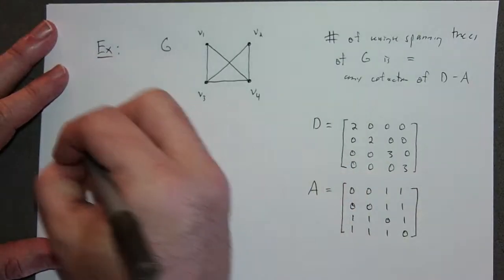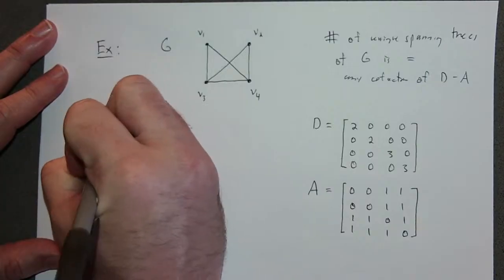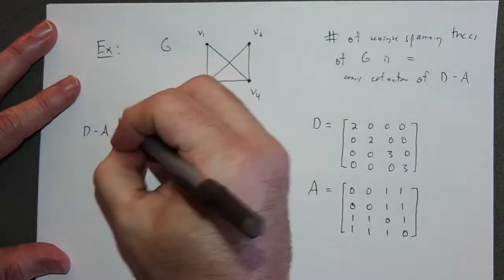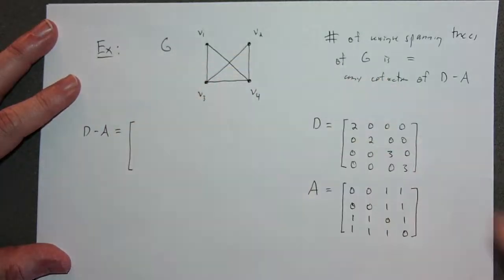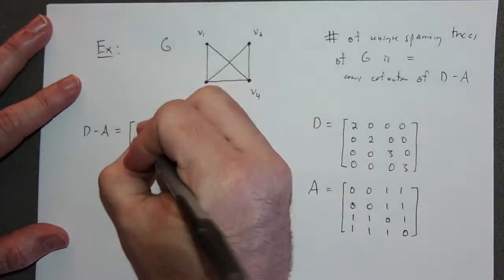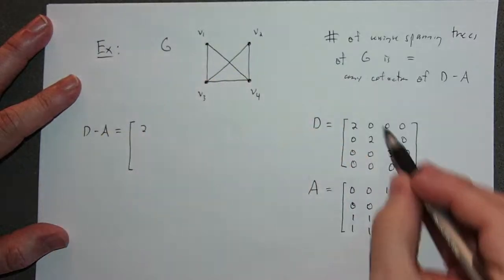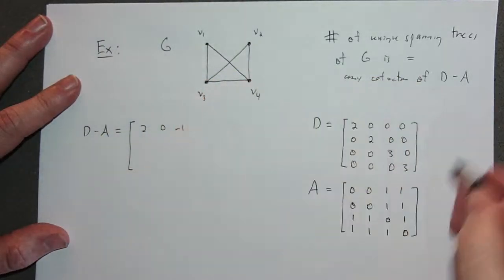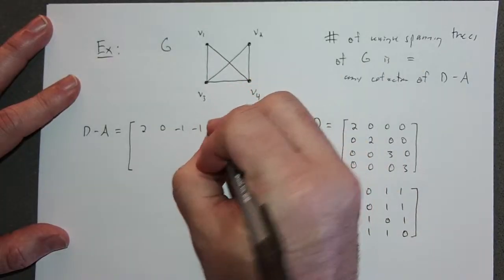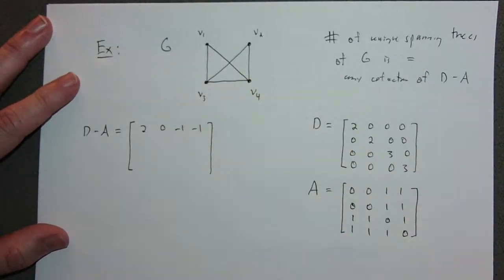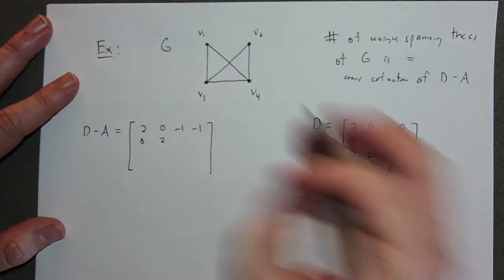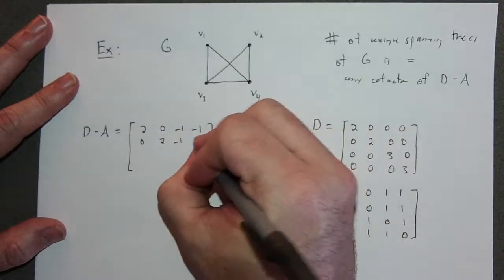The matrix D minus A is what? Well, let's just do it. So this is the 4x4 matrix. We have 2 minus 0, and then 0 minus 0, 0. 0 minus 1 is minus 1. 0 minus 1 is minus 1. The next row, 0, 2, minus 1, minus 1.